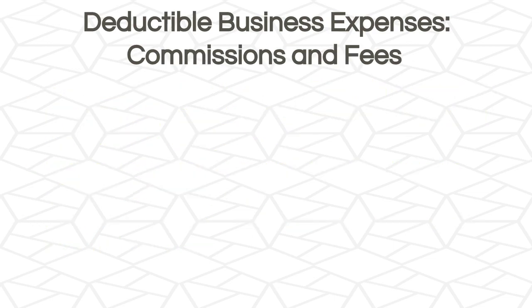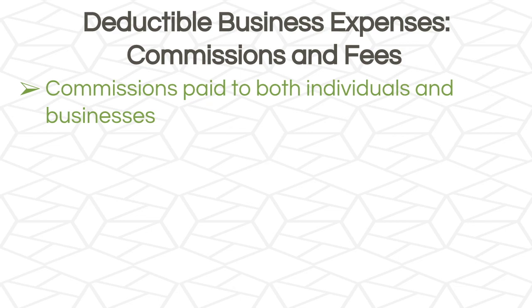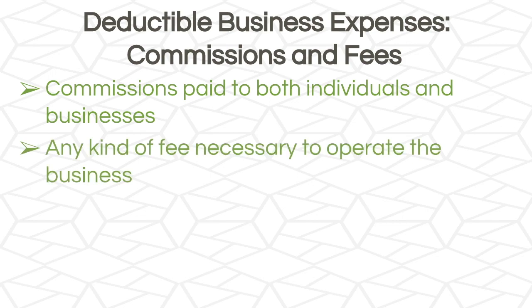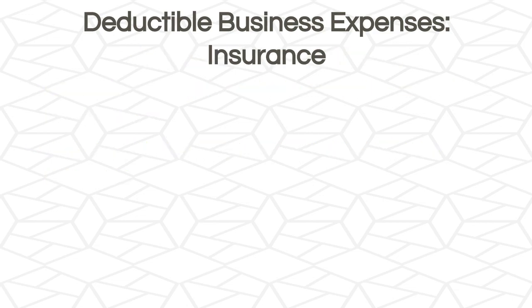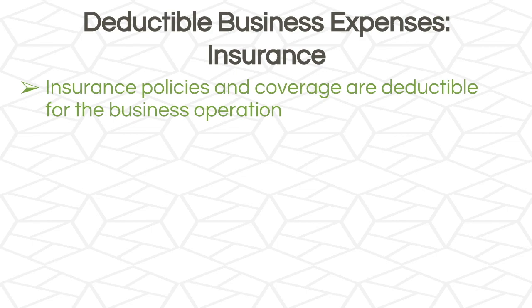Then we have commissions and fees. So these are commissions paid to both individuals and businesses. And then any kind of fee that's necessary to operate the business. We have different kinds of insurance. So these are policies and coverage that are deductible for the business operation.